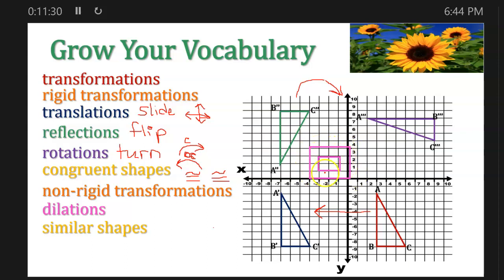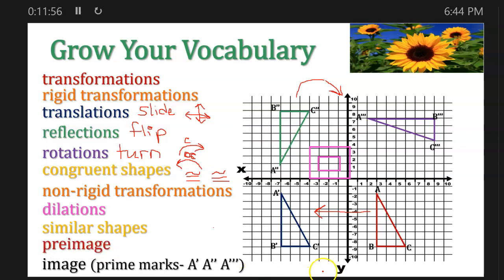So they all have the same angle measurements, but the side lengths are different. This side length is only 2 units, and this side length is 4 units. So with similar shapes, the side lengths are proportional to one another, and the angle measurements are the same, but they're not identical like a congruent shape would be.